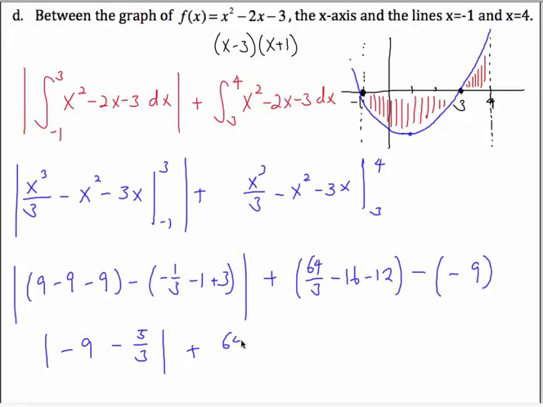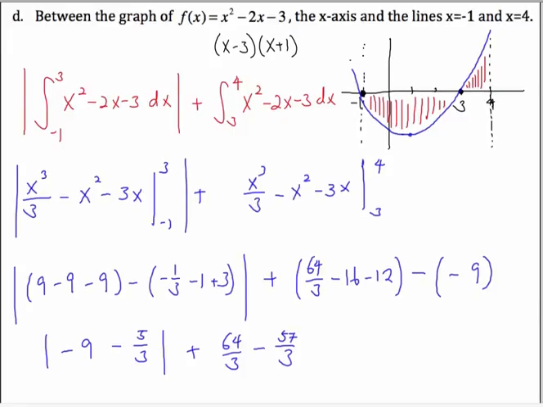So 64 over 3 minus negative 19, negative 28 plus 9 times 3. Okay, negative 57 over 3. There you go.